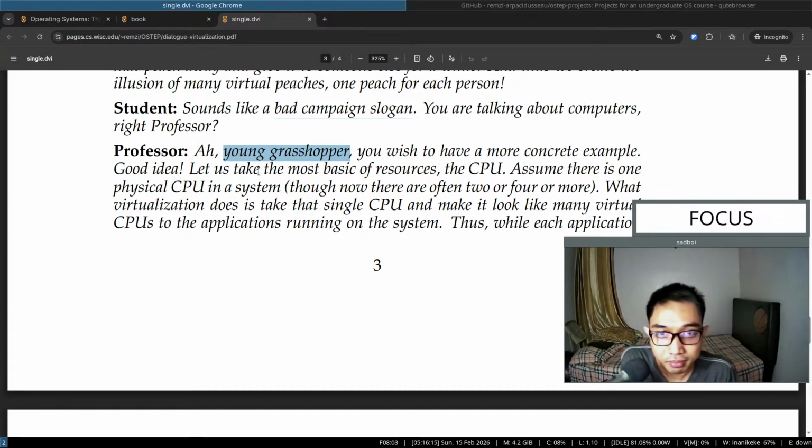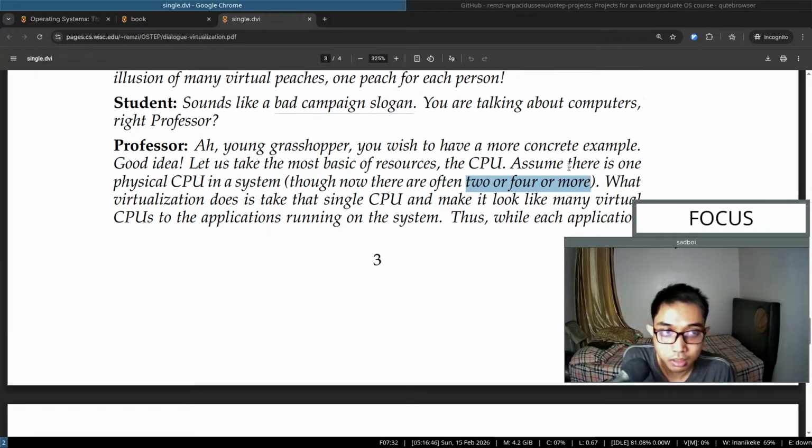Let us take the most basic of resources, the CPU. Assume there is one physical CPU in the system. Now there are often 2 or 4 or more CPUs in the system. Okay.